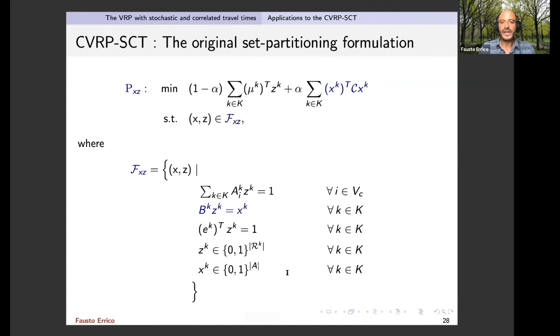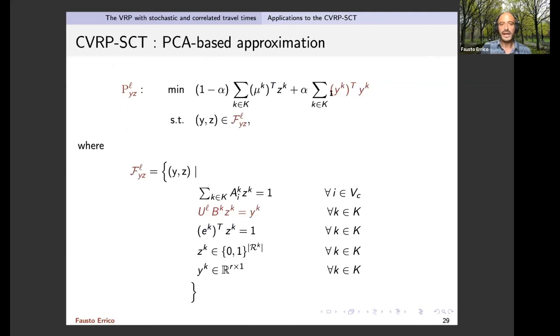So just to bring back together the major ideas here, this is the original set partitioning formulation. The parts in blue are in blue because they're going to change in the next slide. With the reformulation, the PCA-based approach, we now have new variables y, and these y's are linked to the z.